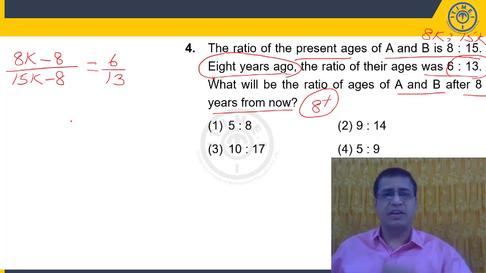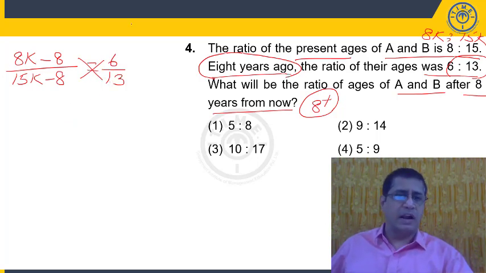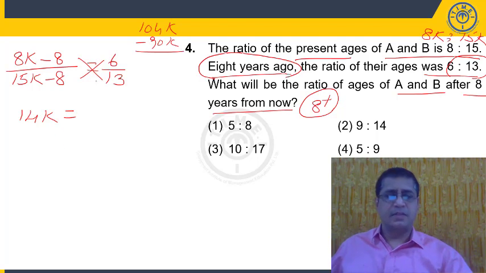Simplify this, you will get the K value by doing cross multiplication. 8 into 13, 104. 6 into 15, it is 90. The difference of these two is 14K. 13 into 8 is 104, 6 into 15 is 90. The difference of 104 and 90 is 14K.